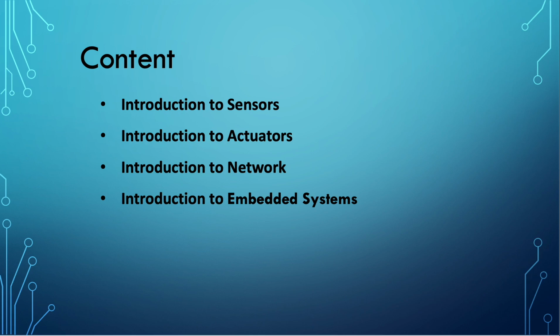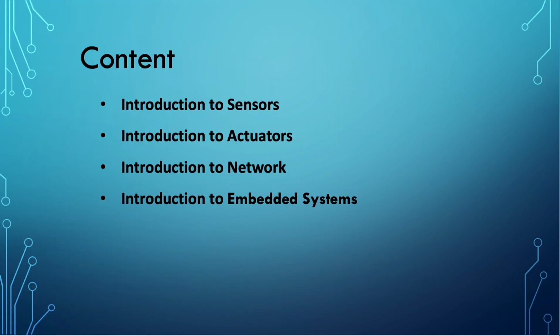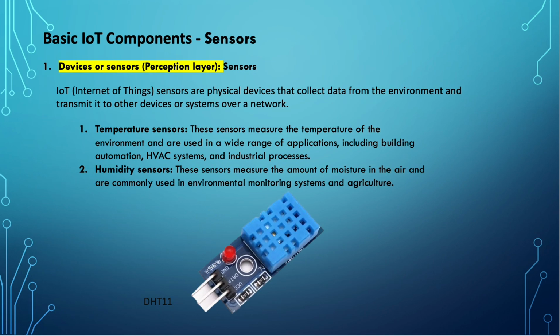There is time, so little by little we will move forward. For now I think we have covered enough. We now understand the components of IoT, and in the next lesson we will see how these components work together to build a specific IoT device.